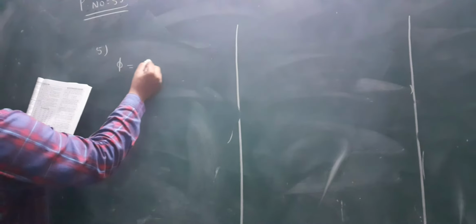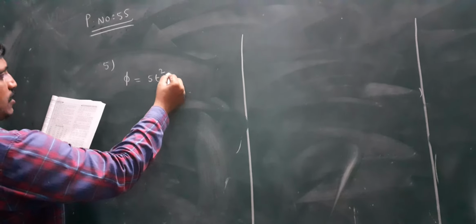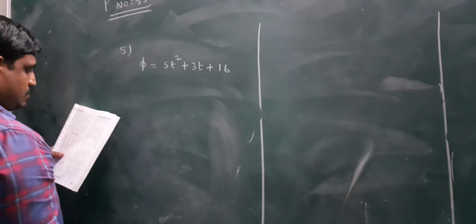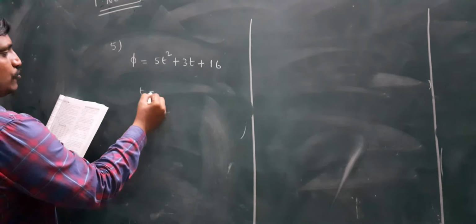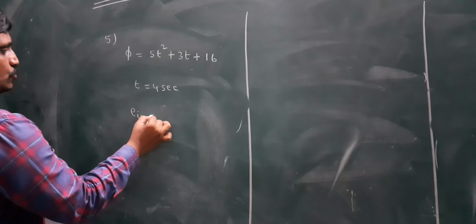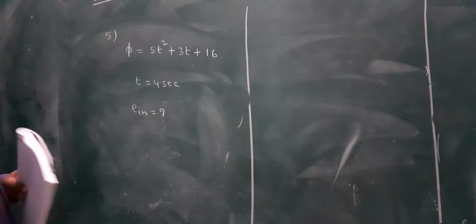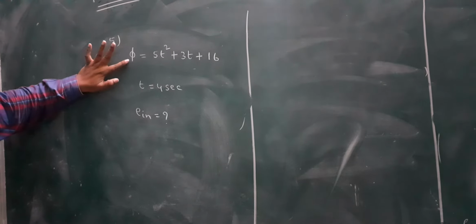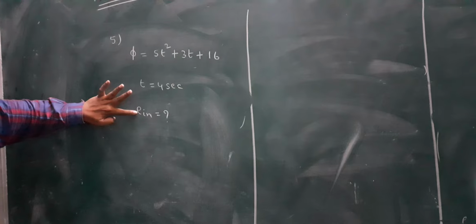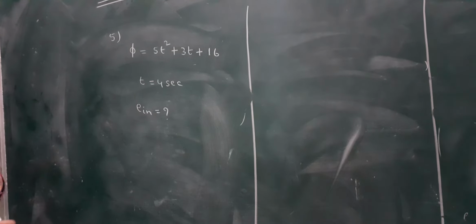Flux is given as 5t² + 3t + 60. After 4 seconds, find the induced EMF in the coil. Flux is given, t is given, to determine the induced EMF in the coil.